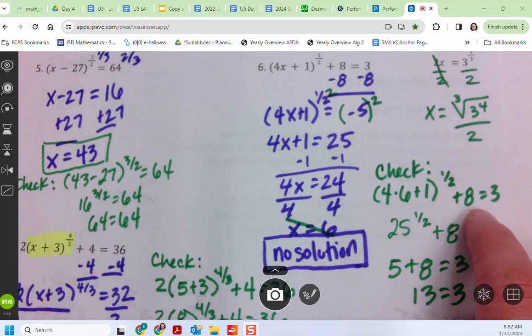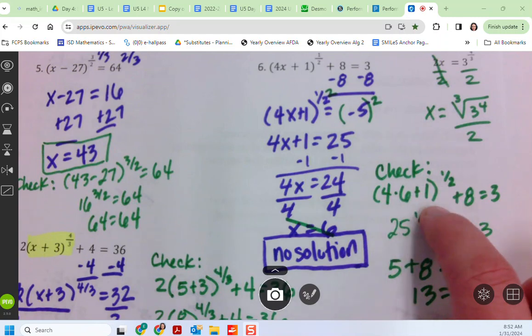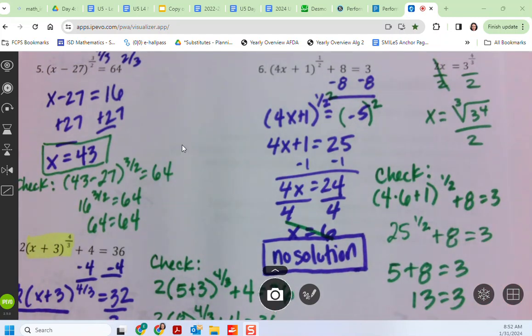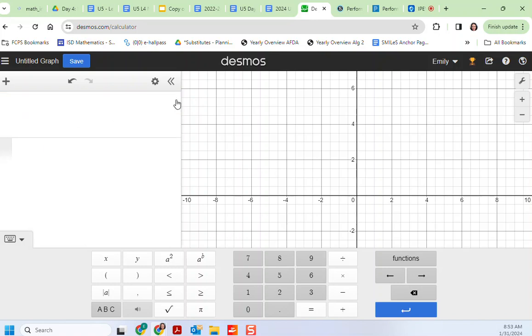Right, so let's check that now. I'm going to just go to Desmos, okay? All right, so we're going to put negative 6.5 in. So I've got parentheses 4 times negative 6.5 plus 1 to the 1/2.